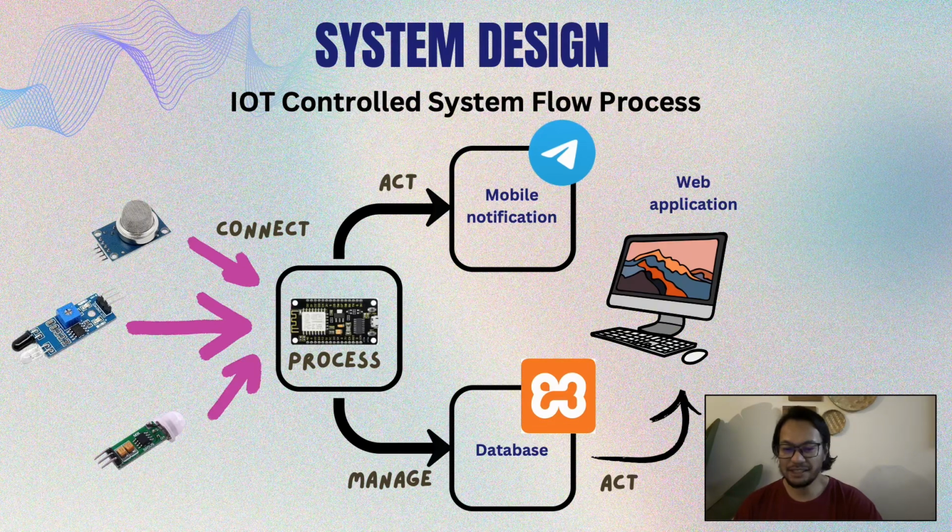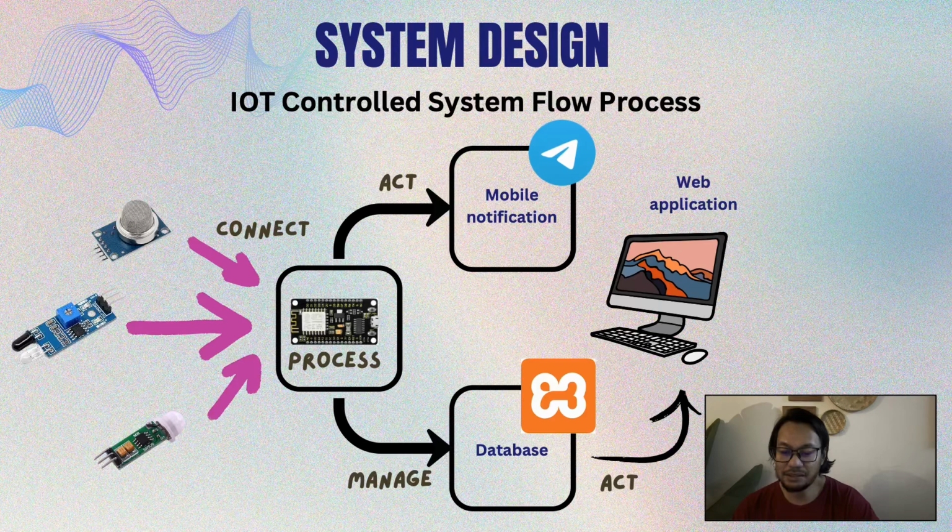Assalamualaikum. This slide illustrates the IoT control system flow process. The sensors, PIR, infrared, and smoke, are connected to the microcontroller. The microcontroller acts as the central unit processing data from the sensors. Detected events trigger actions such as activating an alarm or spotlight.